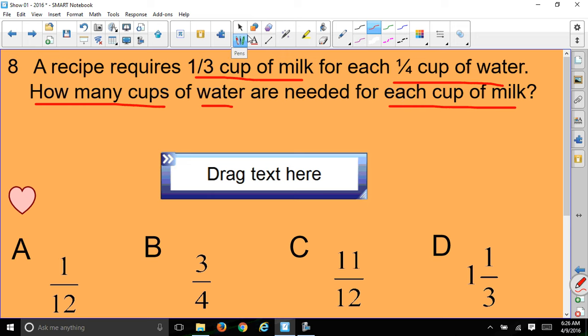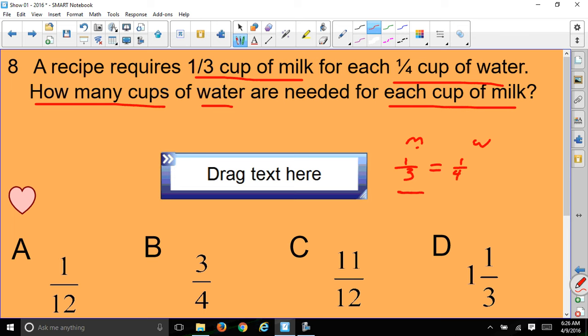Okay, so it looks like we are comparing. So let's start comparing our milk, which is 1/3, versus our water, which is 1/4.